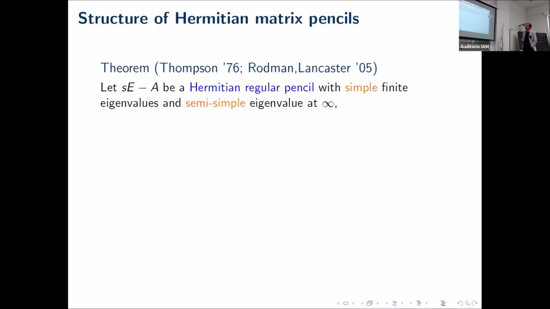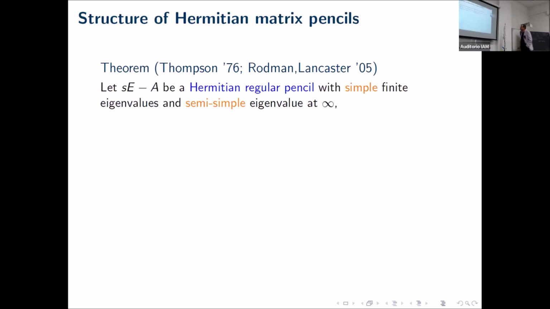This normal form exists for every Hermitian matrix pencil where E and A are Hermitian matrices. But I only use the special form here, because in the application we have only simple and semi-simple eigenvalues. And then the canonical form is simpler. Otherwise, the form is a little bit ugly.